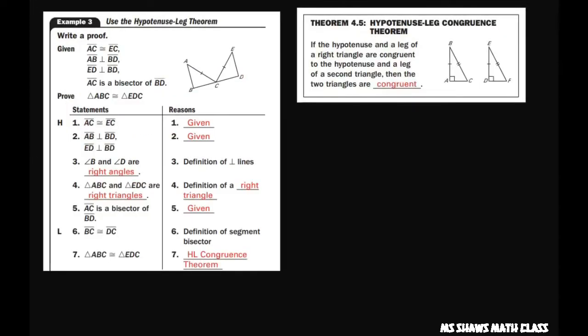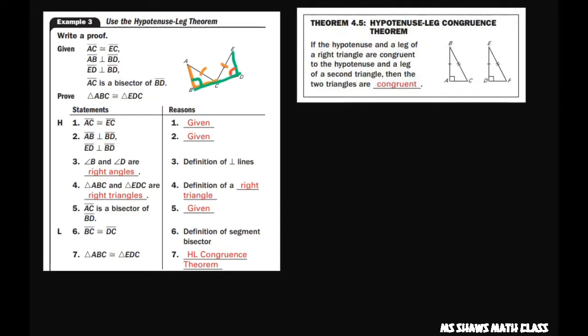All right. Now here's our hypotenuse leg theorem. So here it is. We have that AB is perpendicular to BC. That means this is a right angle. And the same thing with ED is perpendicular to BD, so this is a right angle.